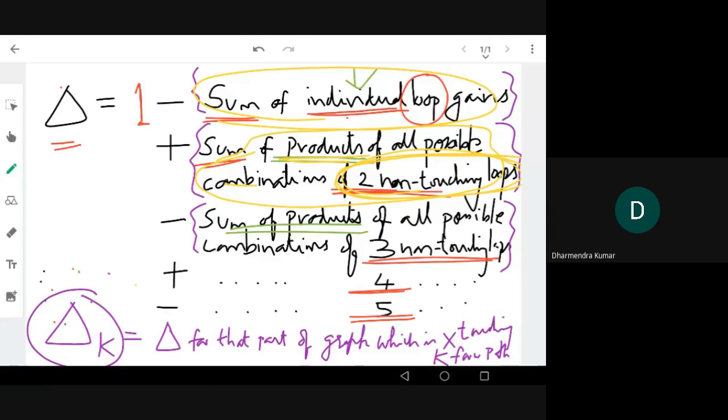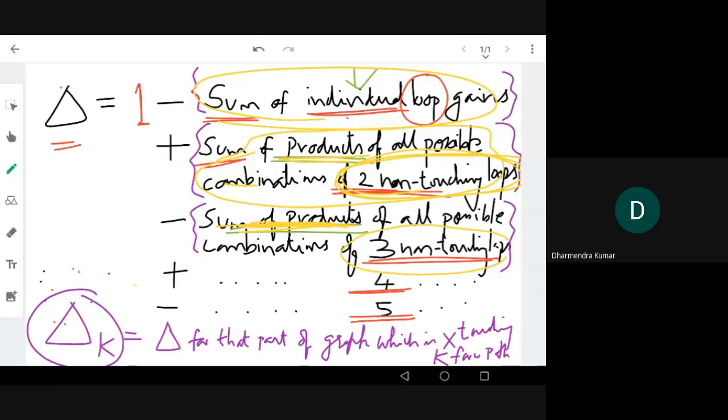Again, I'm taking the combination of three non-touching loops, the sum of their products. It's like combination and permutation. If we have three loops, then we have all possible combinations of two of those three loops. We'll see. Okay, it's not difficult.